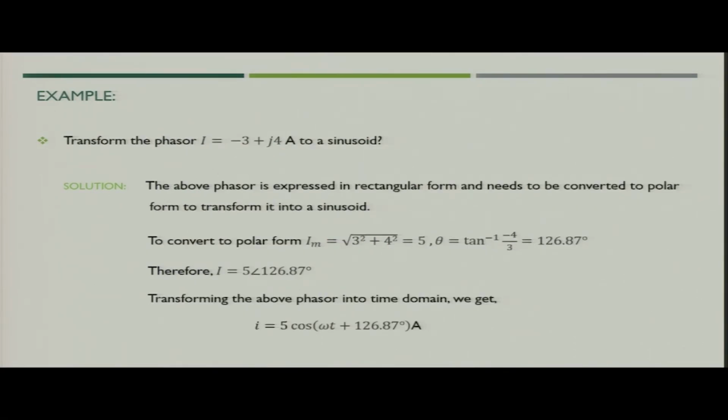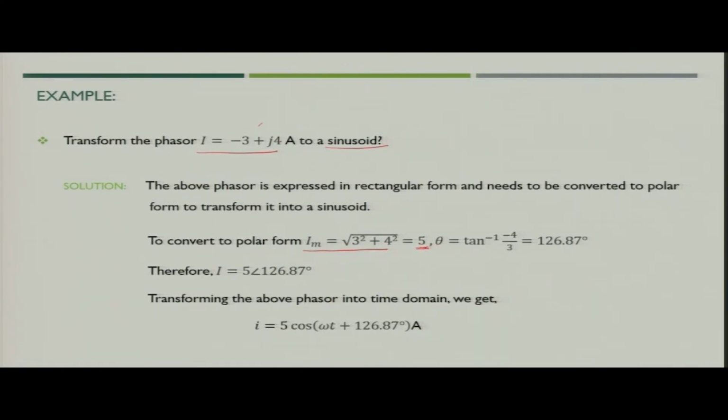Now, if you are asked to transform a phasor into a sinusoid, what will you do? Since the phasor is given in rectangular form, you can simply convert it into polar form. The magnitude Im becomes the root of x square plus y square, where x and y are given, so Im becomes 5.